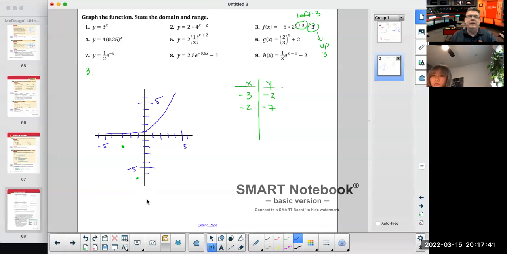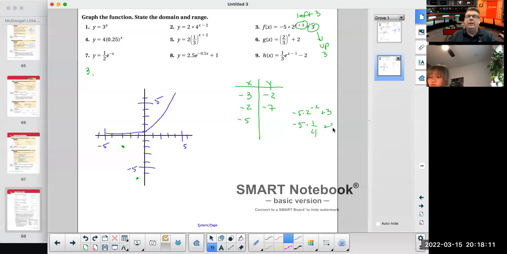Okay, and so let's just take a -5 just for kicks, just to see where it goes. -5 plus 3 is -2. So it's 2 to the -2, -5 times 2 to the -2 plus 3. So that's -5 times 1/4, right?